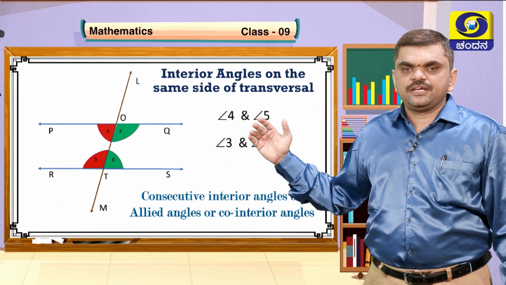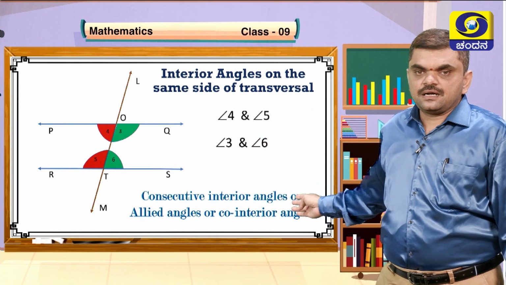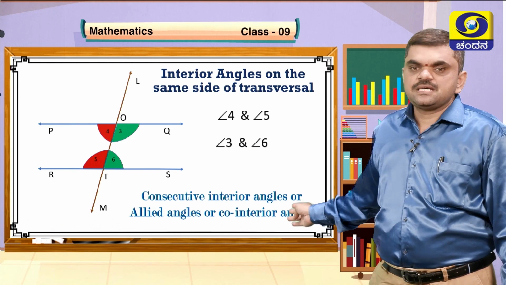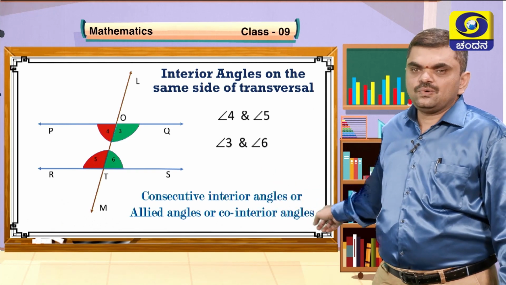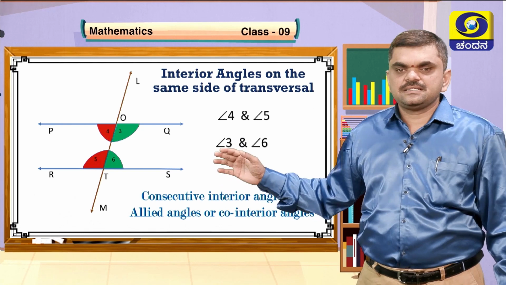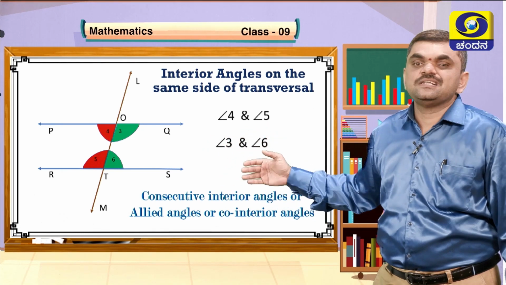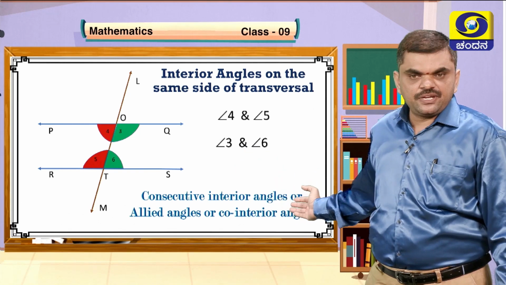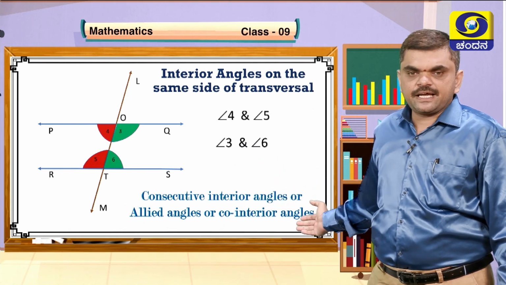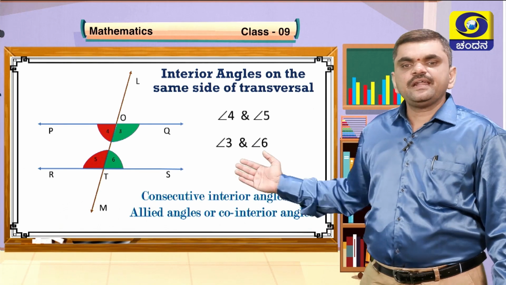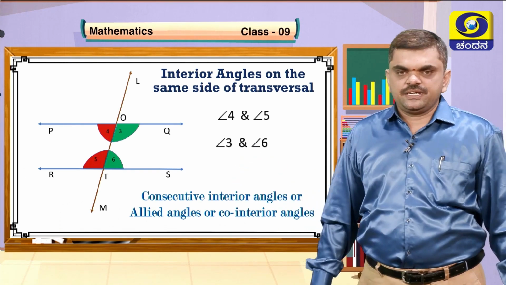These are the interior angles on the same side of a transversal, also called consecutive interior angles or allied angles or co-interior angles, children.